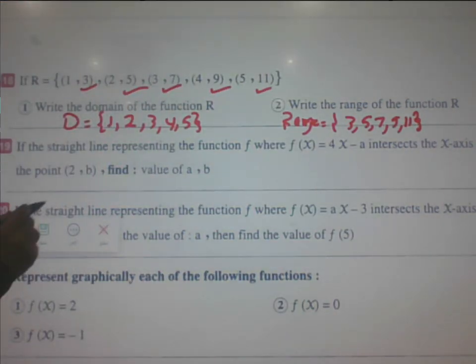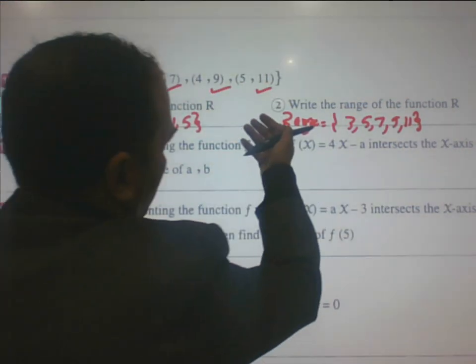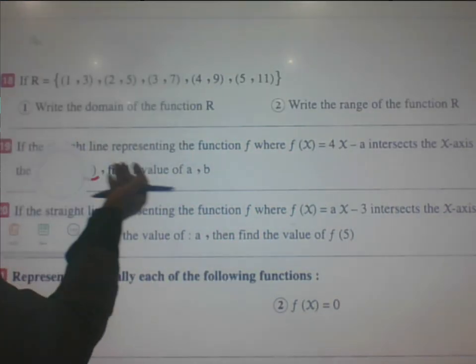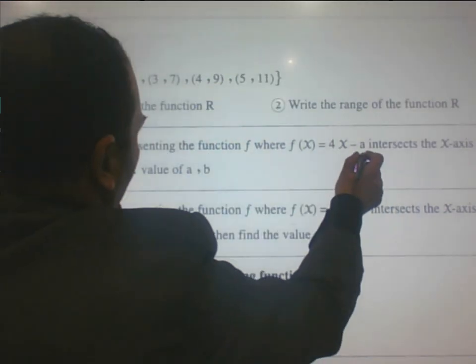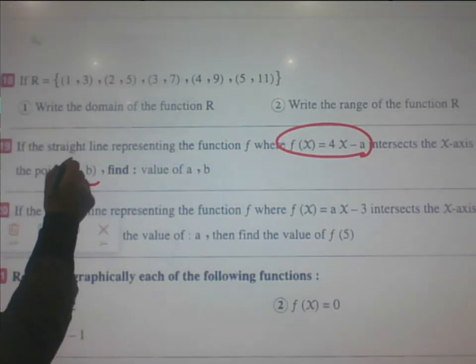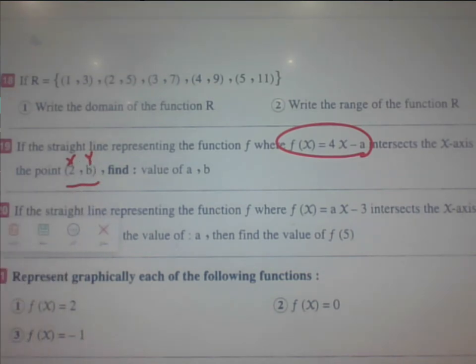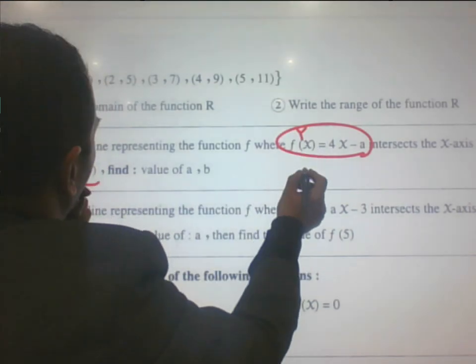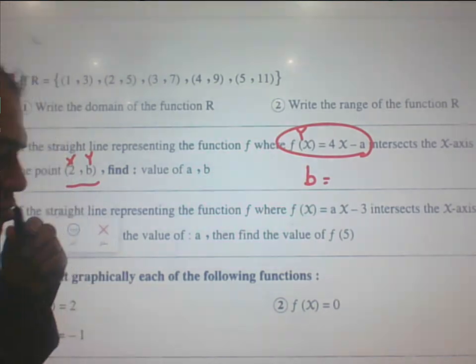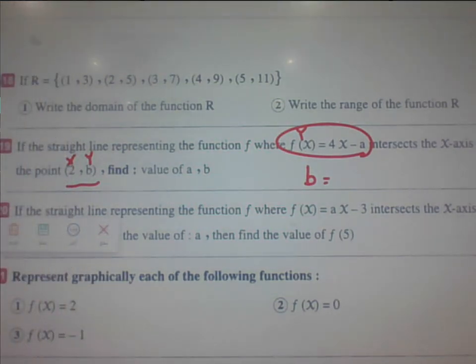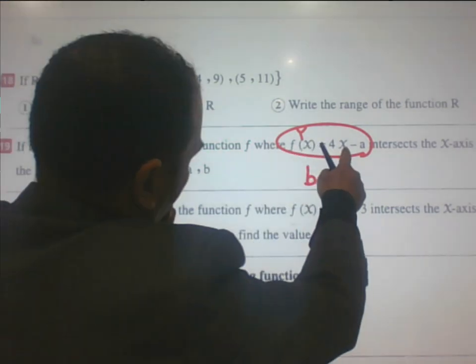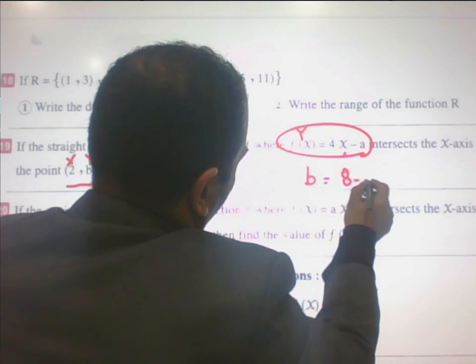Next question: the point belongs to the straight line of the function here. It means the point satisfies this equation. Look here, this value of x and this value of y. Y here will be f of x. You can write f of x equals, put x equals 2 here, 4 times 2 equals 8, 8 minus 8.